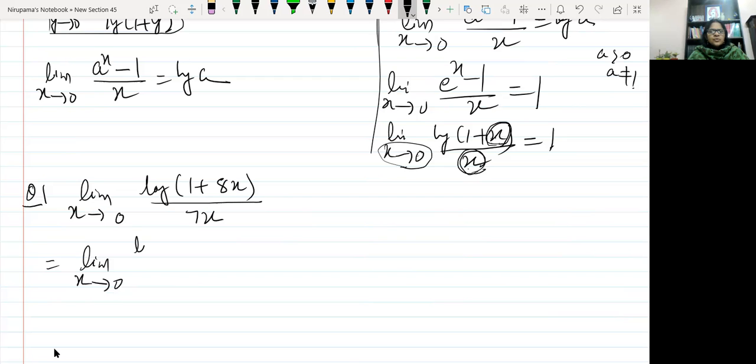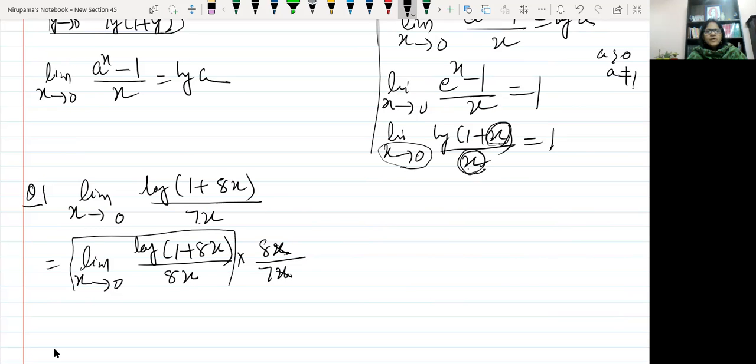Log 1 plus 8x means we need 8x in the denominator, so multiply and divide by 8x. Here we already have 7x. So limit x approaches 0 means 8x approaches 0, because when x is closer to 0, 8 into x will approach 0. So log 1 plus 8x by 8x becomes 1 as per the standard formula, and you get 8 by 7 as the answer.